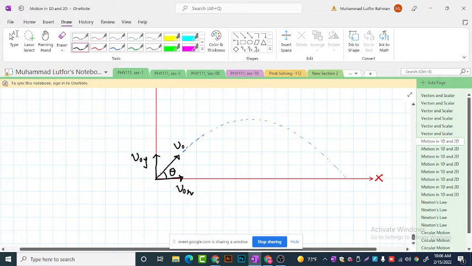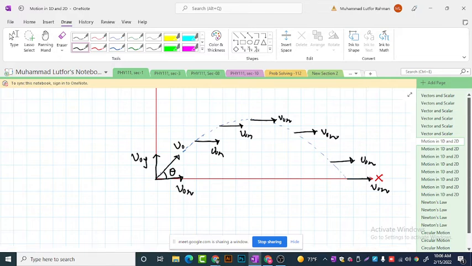Now this v naught x, I can say, will remain the same throughout its journey. It is v naught x over here, at the top it is v naught x, and at the bottom it is also v naught x. Why? Along the x direction it moves at a constant velocity because the acceleration is 0.